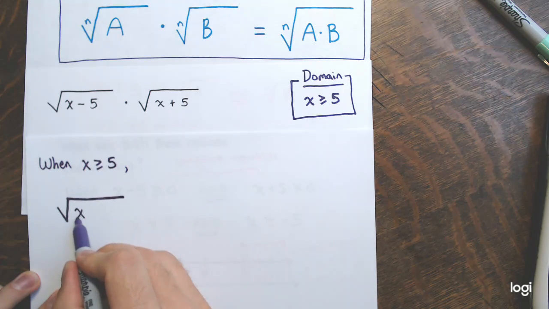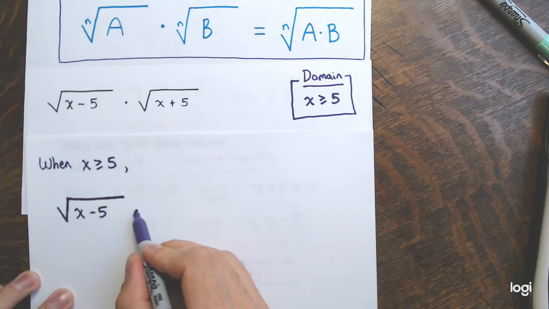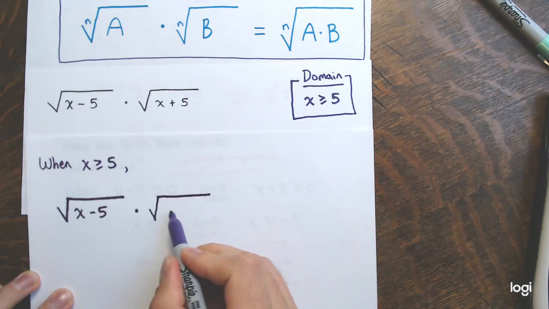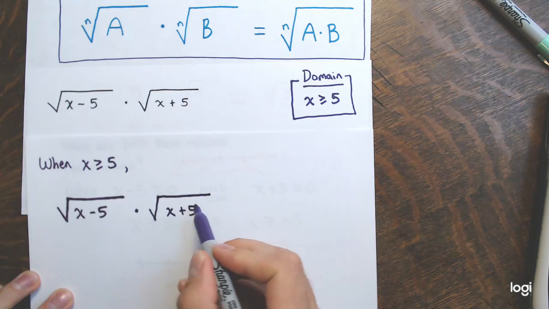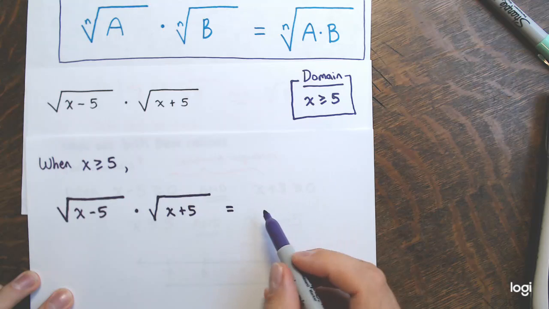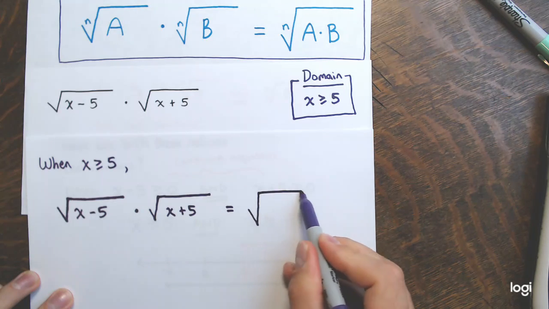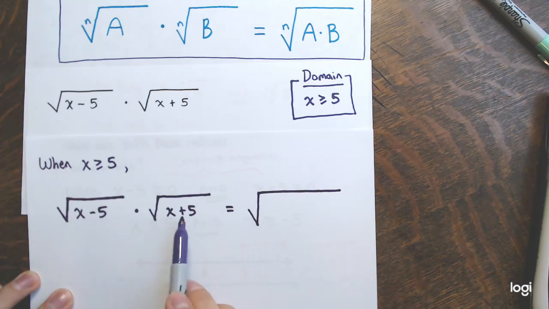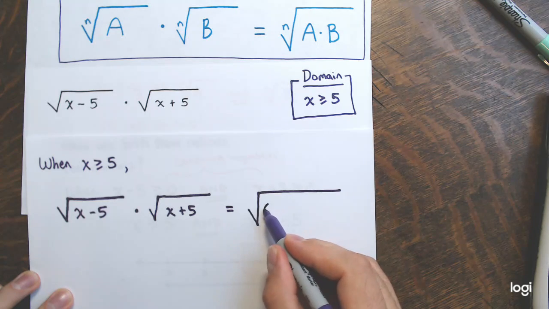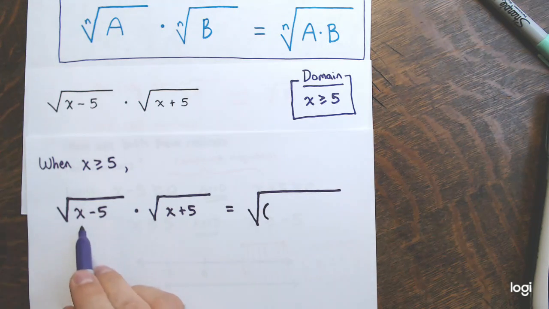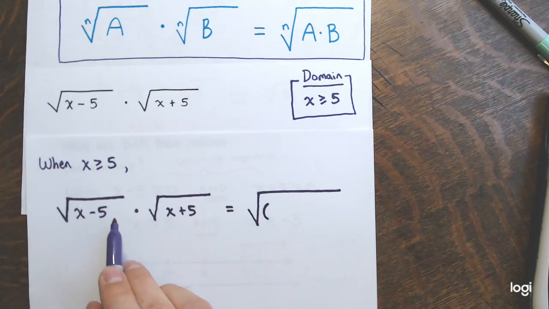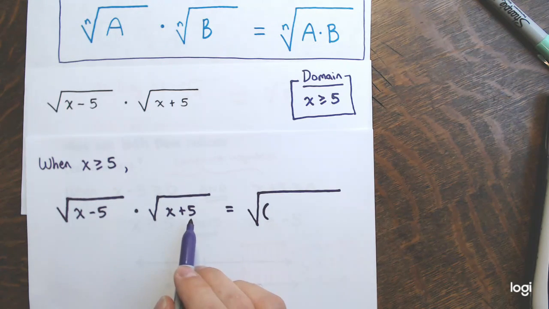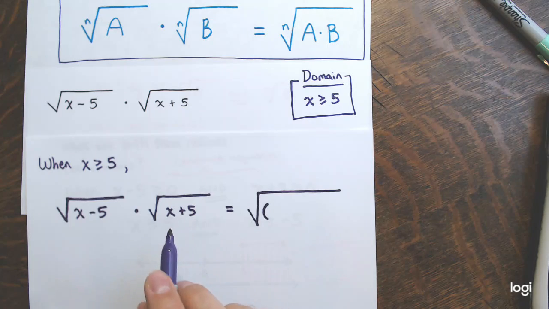The square root of x minus 5 times the square root of x plus 5 will be equal to the square root of, and then the product of these two. Usually when there's a product and a factor has multiple terms, like x minus 5 has 2 terms and x plus 5 has 2 terms, I'll put parentheses around those factors.